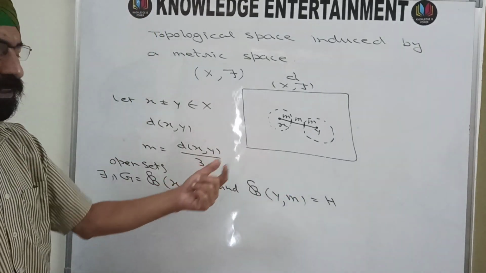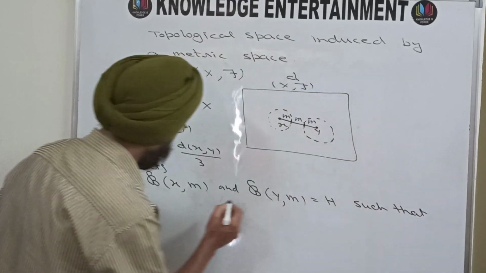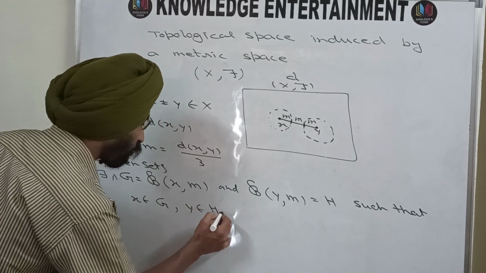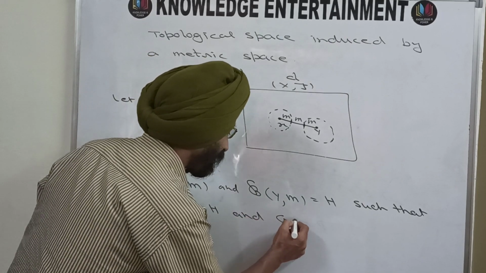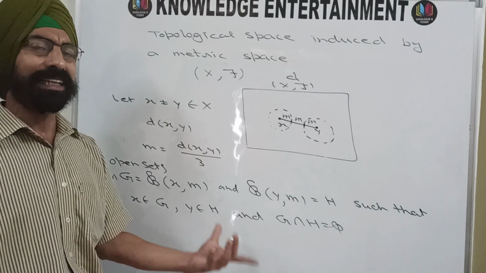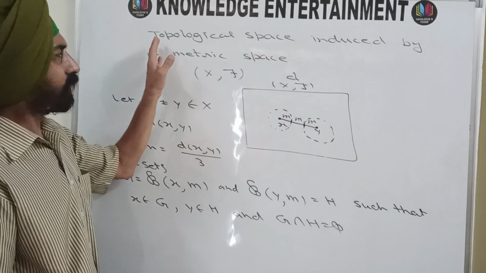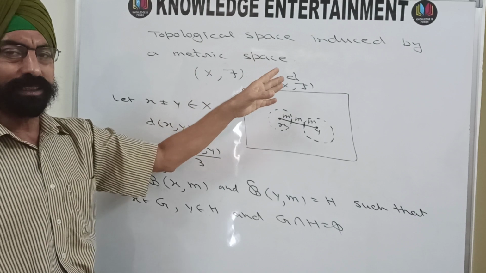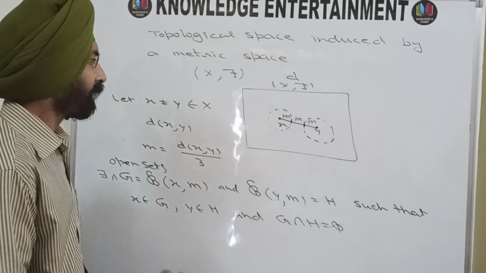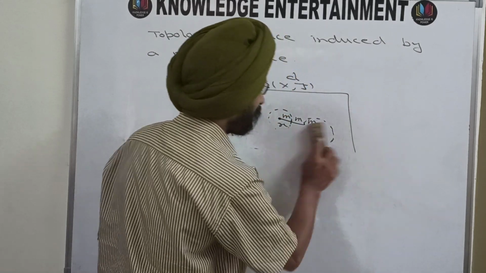So here you have two open sets G and H such that your G contains X, your H contains Y, and G intersection H is phi. That means G and H are disjoint sets, and that is the required condition for a topological space to be a T2 space. So this topological space induced by a metric space is a T2 space, a Hausdorff space.